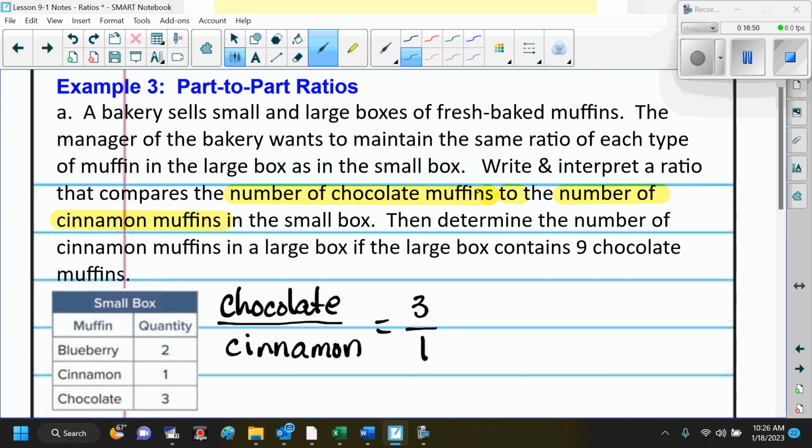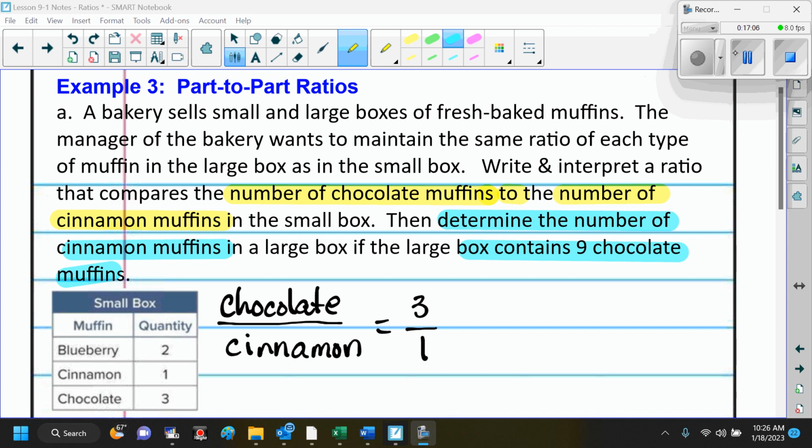Okay? What are we trying to get to? 9 chocolate muffins. Right, so we want to determine the number of cinnamon muffins if the box contains 9 chocolate muffins. So, how do I get to 9 chocolate muffins? Multiply by 3. Right.